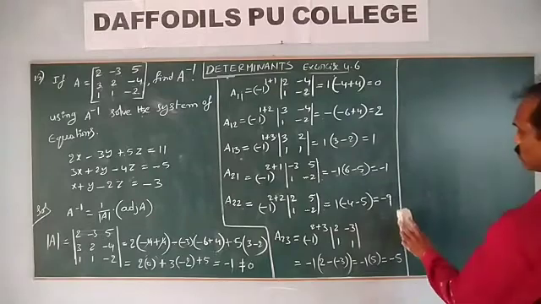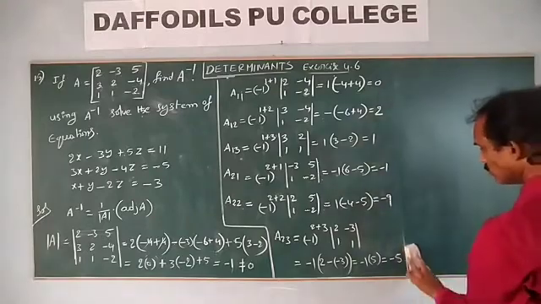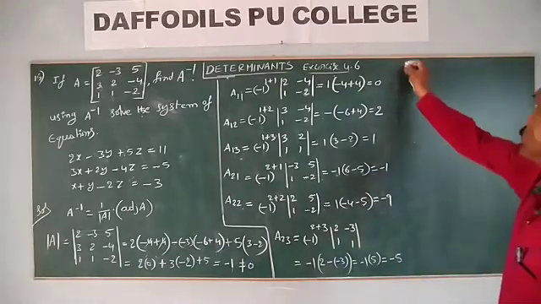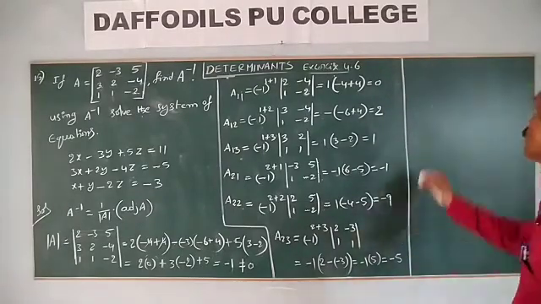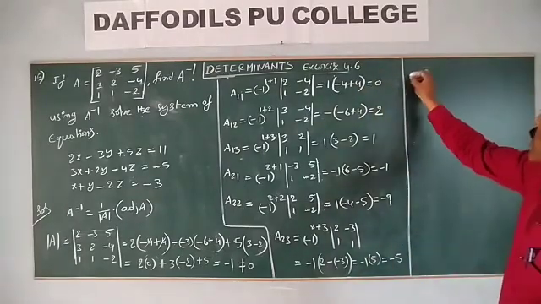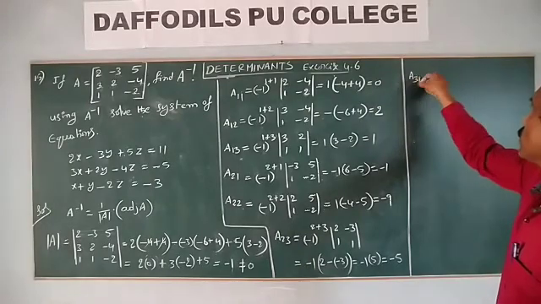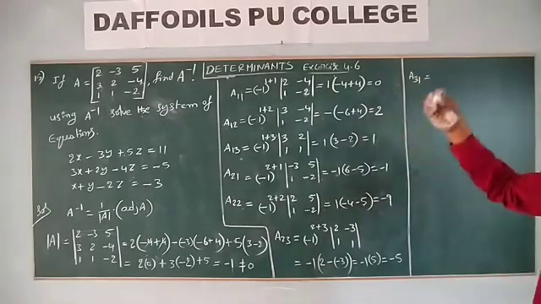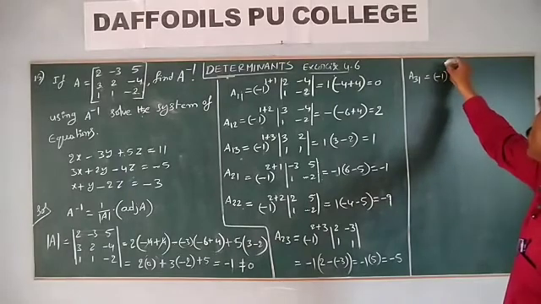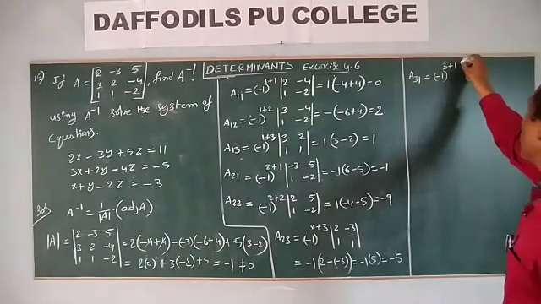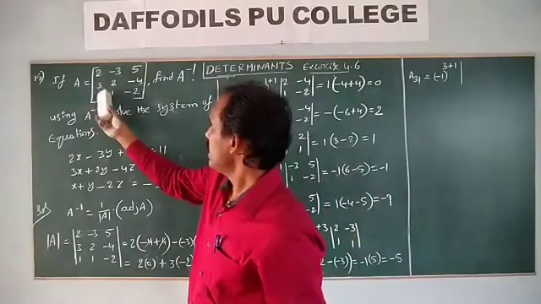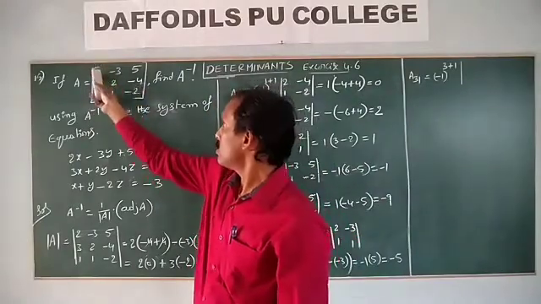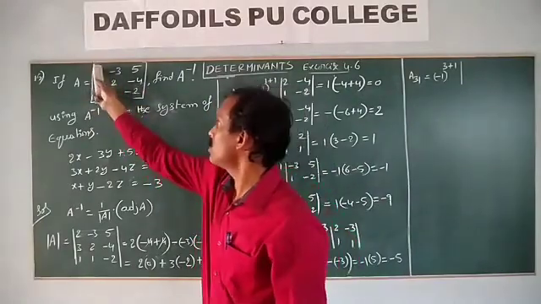Okay, cross. Next, A31. A31 is equal to minus 1 to the power of 3 plus 1 and its minor. Deleting this row, this column.